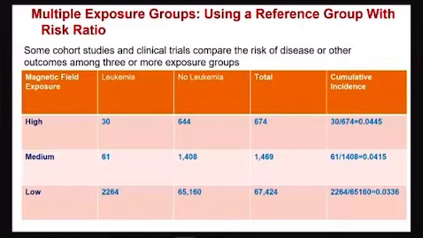We're waiting for the development of certain health conditions or not, waiting for an outcome. And of course, we can also do what we call the case control study. But let me tell you this. Some cohort studies and clinical trials compare the risk of disease or other outcome among 3 or more.